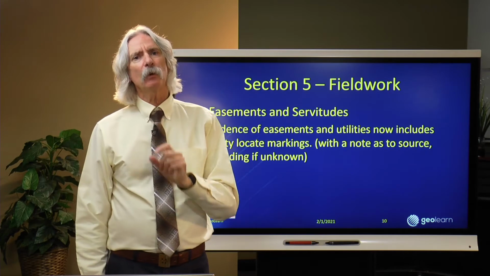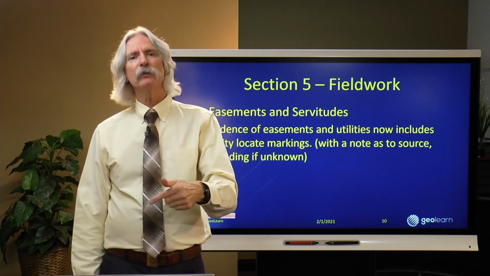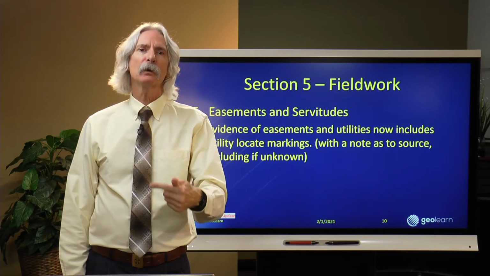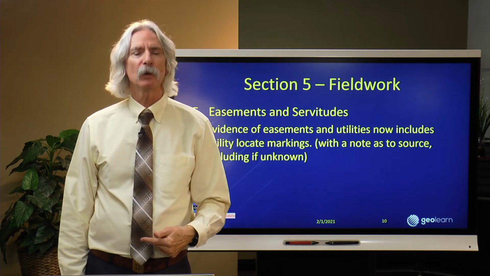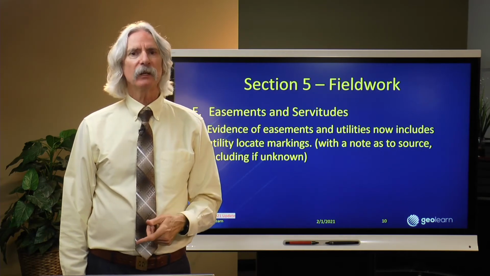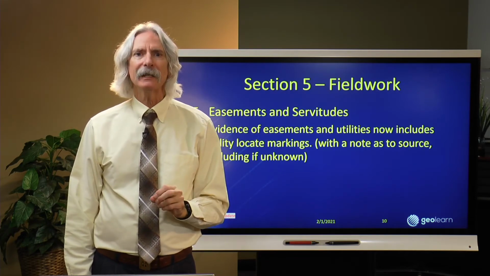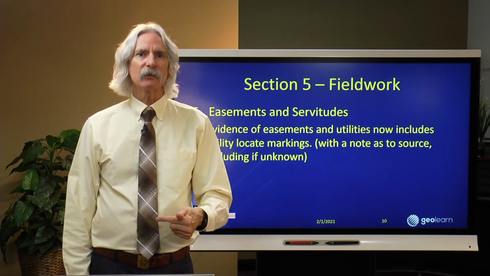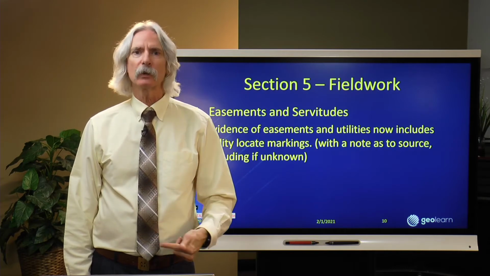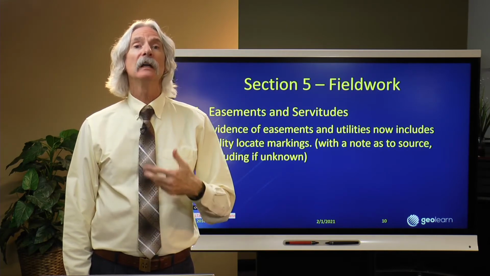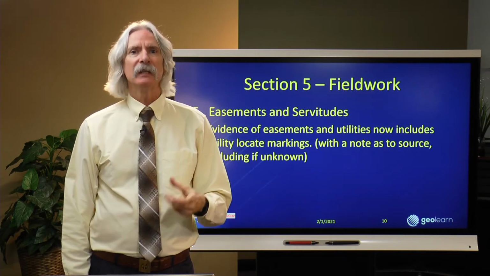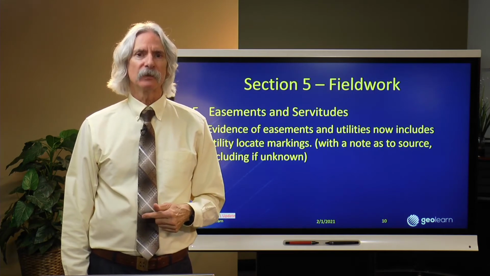Now, there have been some questions raised as to whether this means that we have to request, for example, an 811 locate on a land title survey. And the answer is no. Section 5E does not say that. It merely says that if there are utility locate markings out there, those are and should be treated as evidence of utilities.